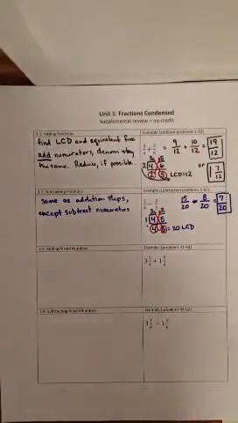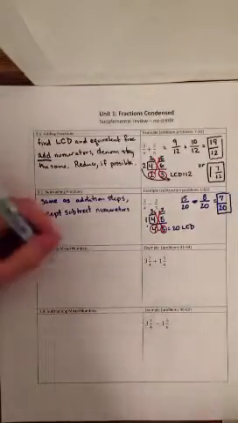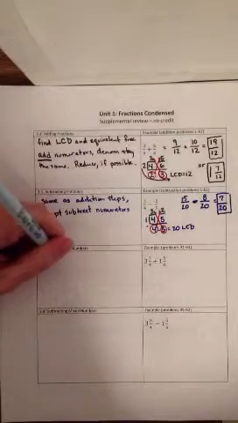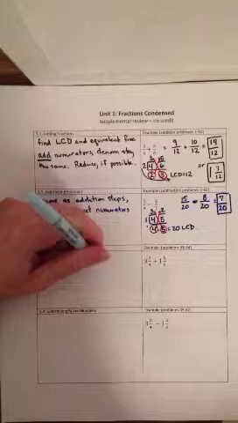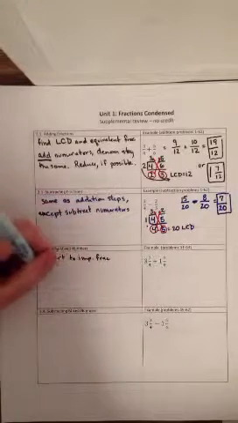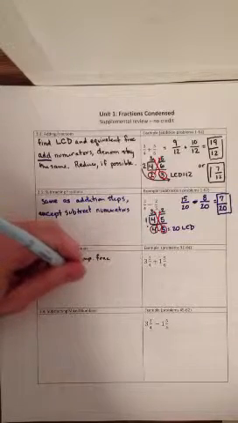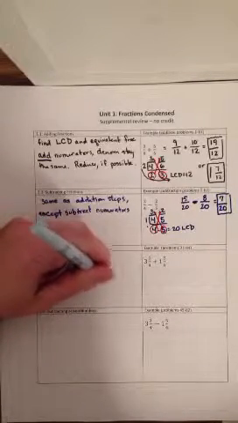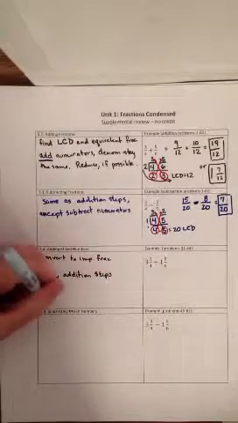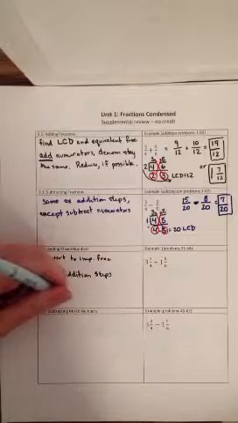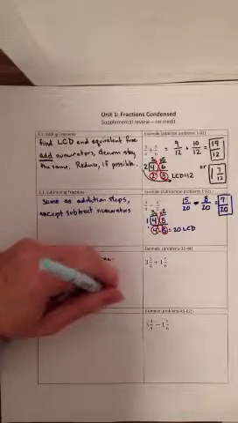Adding mixed numbers can be done one of two ways. You can either convert them to improper fractions and then follow the addition steps, just as we have up here, and then at the end convert back to mixed.